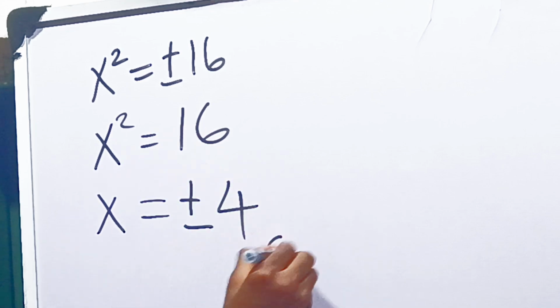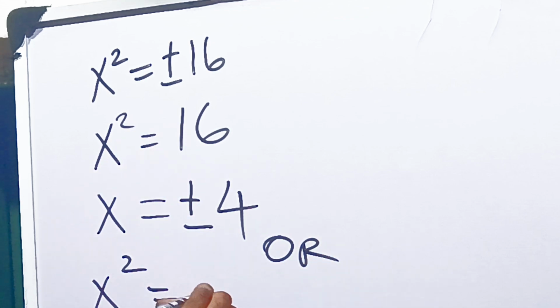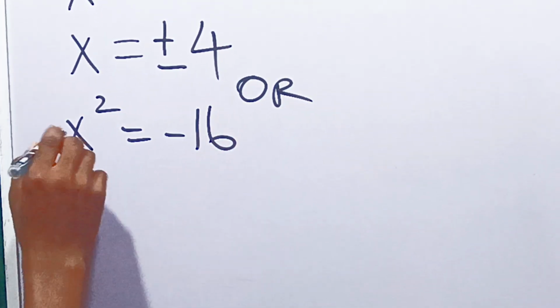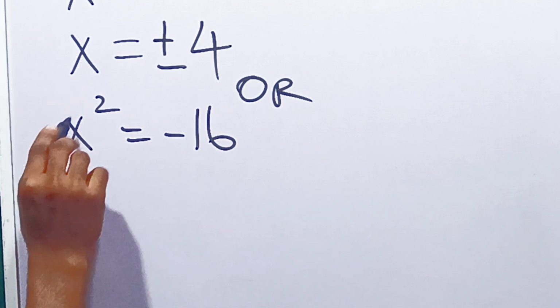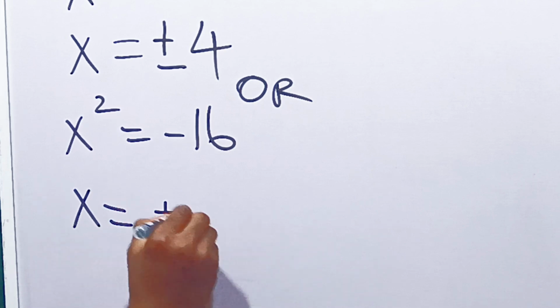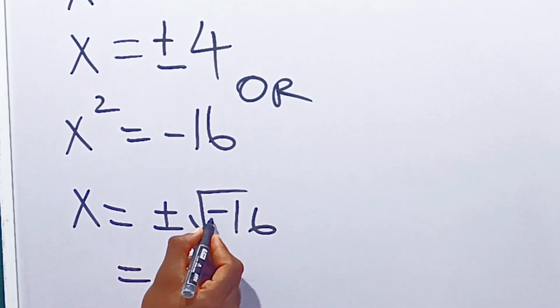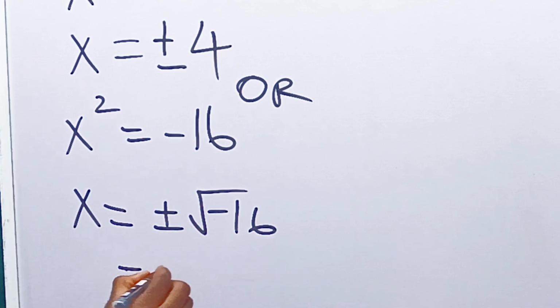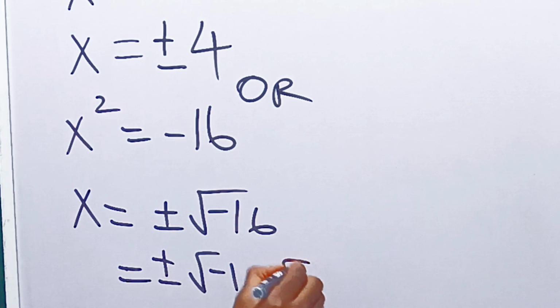Or for the second one, we have that x squared is equal to negative 16. Now here we'll take the square root of both sides. So we have x to be equal to plus or minus the root of negative 16. Alright, and the root of negative 1 is i. So we have that this is plus or minus root of negative 1 multiplied by root of 16.